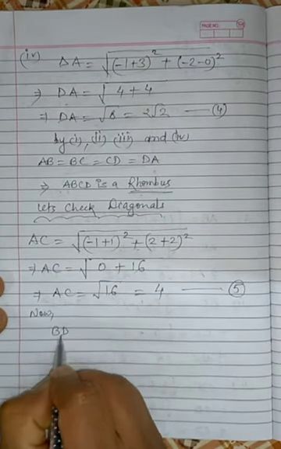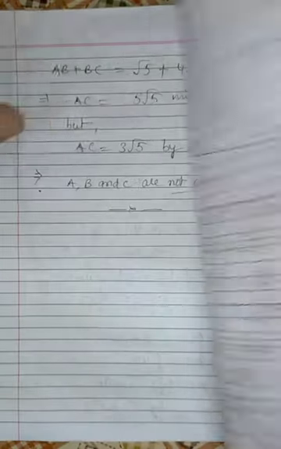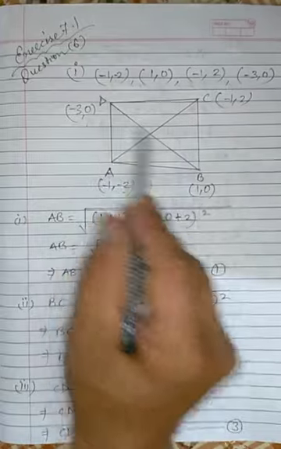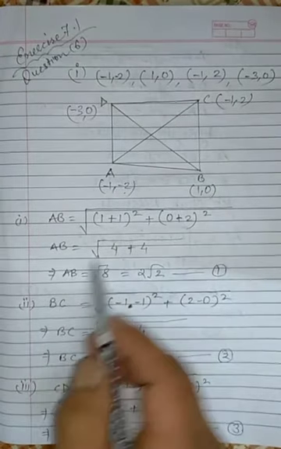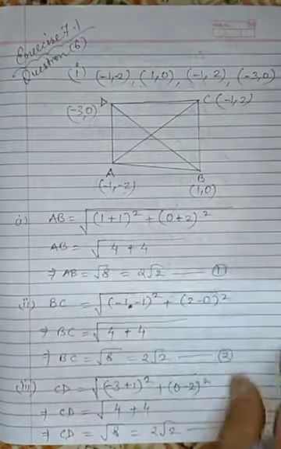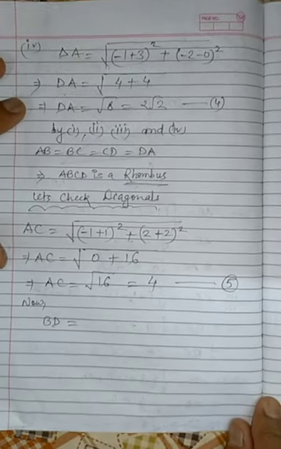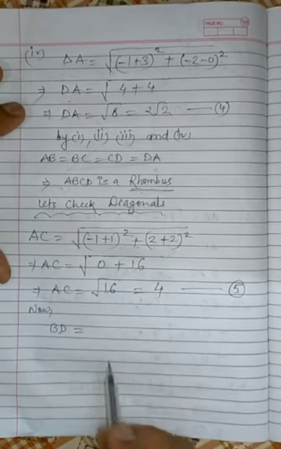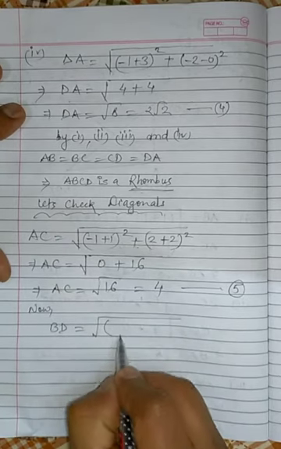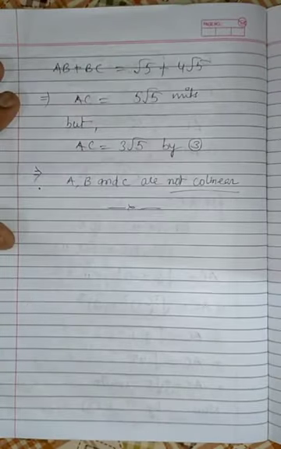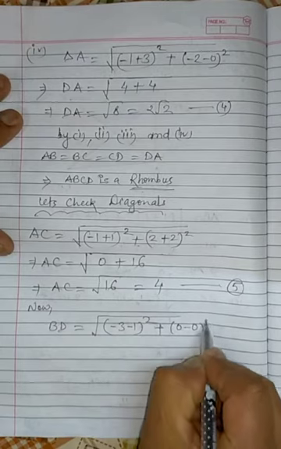Let's find out BD. For BD we have (-3, 0) and (1, 0), as (x1, y1) and (x2, y2). So BD will be equal to under root (x2 minus x1, -3 minus 1) whole square plus (y2 minus y1, that is 0 minus 0) whole square.